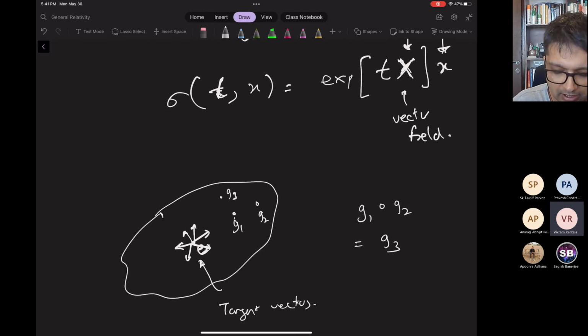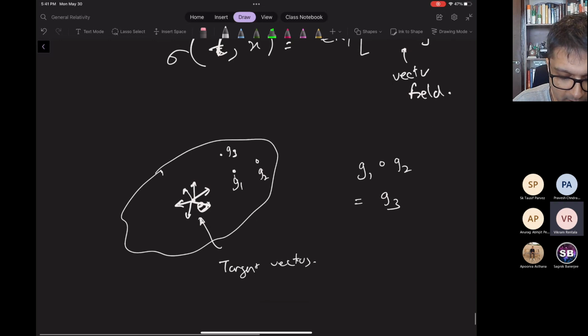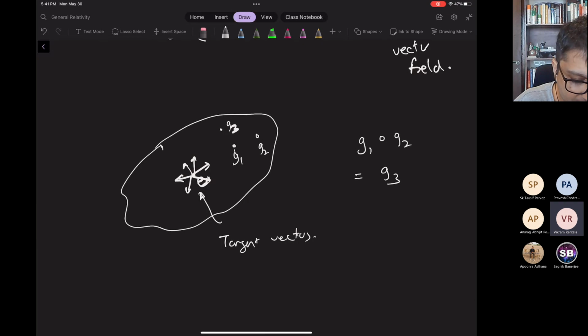If someone tells you what the composition law is for all elements on the manifold, then you can apply it for infinitesimal elements, that is elements which are generated by infinitesimal displacements near the origin.